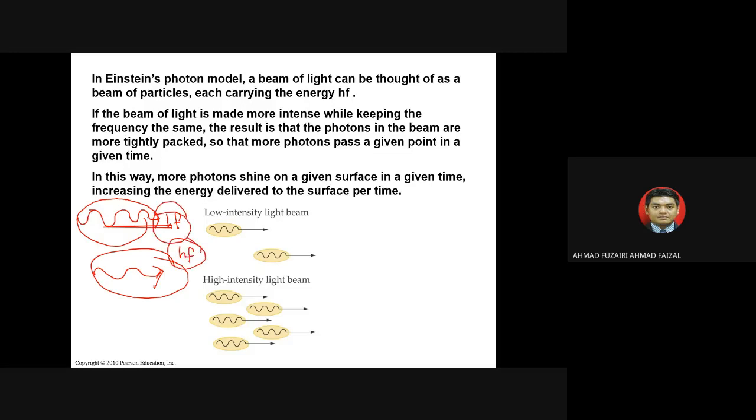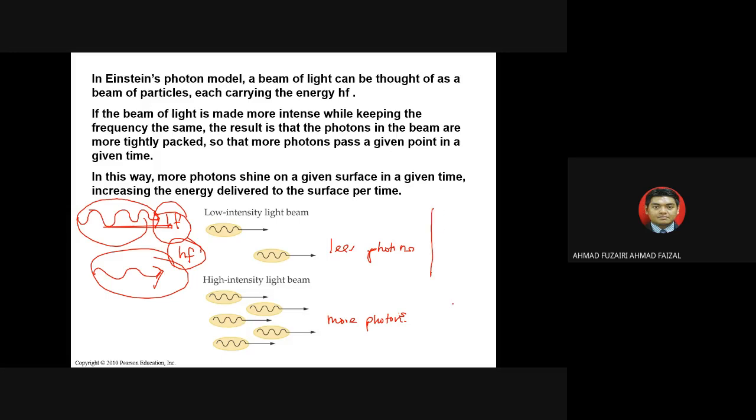If the beam of light is made more intense while keeping the frequency the same, the result is that the photons in the beam are more tightly packed, so more photons pass a given point in a given time. Consider that f is the same. This is fewer photons, and this is more photons, so more photons shine on a given surface in a given time.